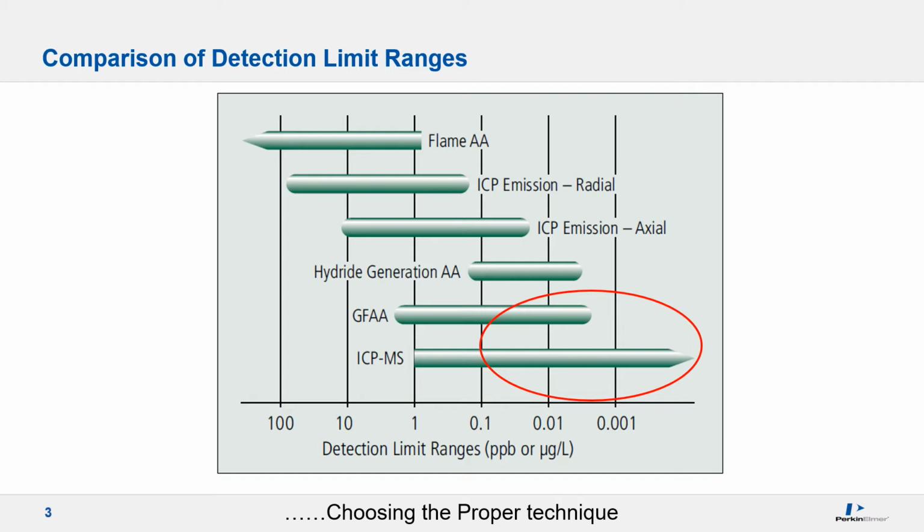It is also important to note that, although not the focus for today's discussion, hydride generation AA, in concert with EDL lamps, was also considered due to its comparable detection limit capability as well.